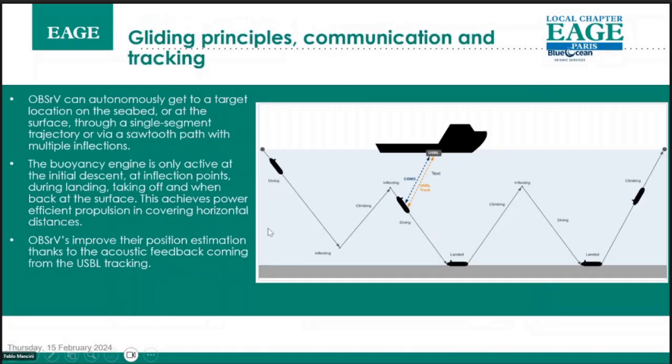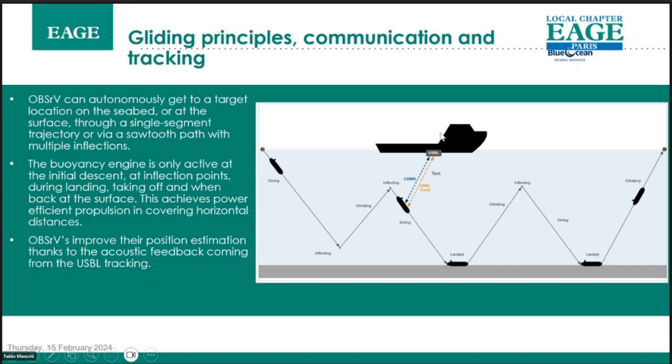And the way we think the deployment is going to work, basically, the unit, we call it the observer, can land on the seabed either by a single dive, or we can do multiple inflections. What we call an inflection is when we change the buoyancy from negative to positive. So we move in a kind of sawtooth trajectory, and we can land at predetermined positions.